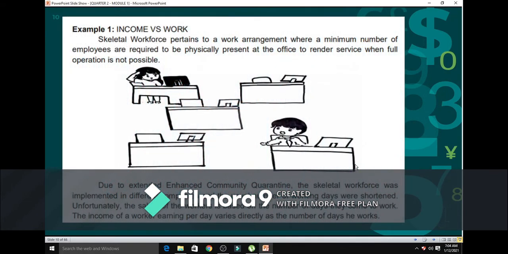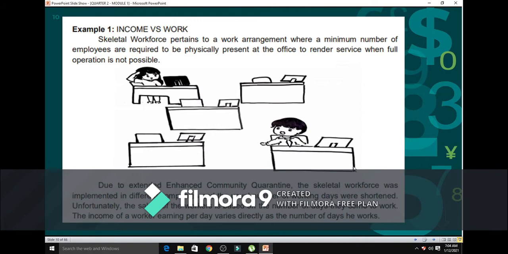So as written in your module, example 1 is income versus work. So skeletal work pertains to a work arrangement where a minimum number of employees are required to be physically present at the office to render service when full operation is not possible.